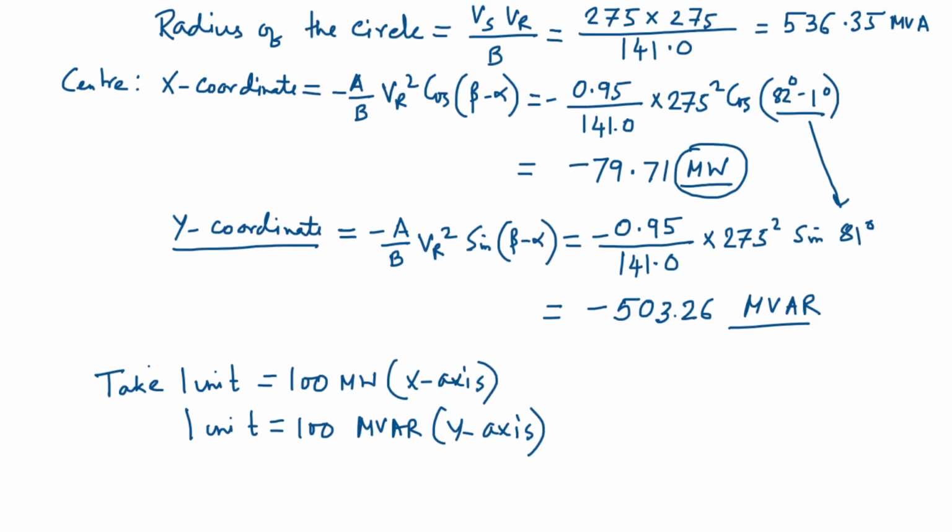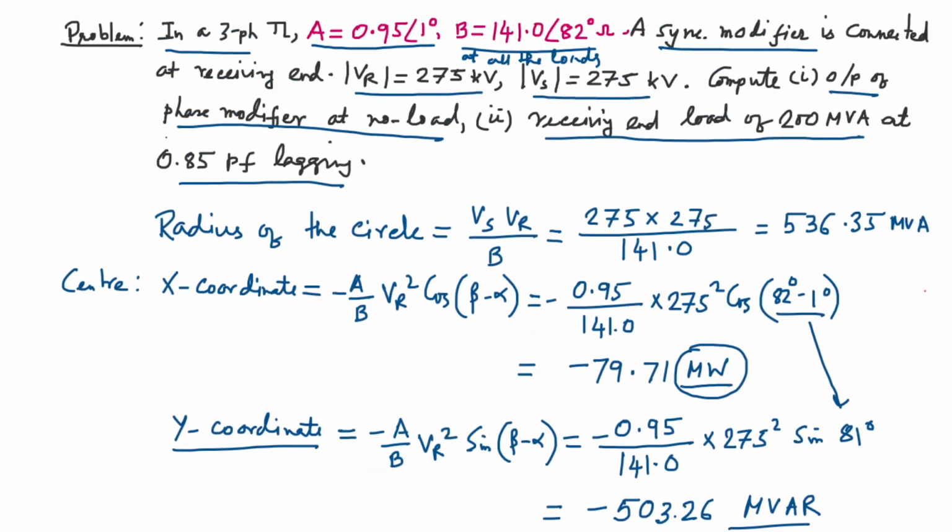So roughly 536.35 will represent roughly 5.5 units.